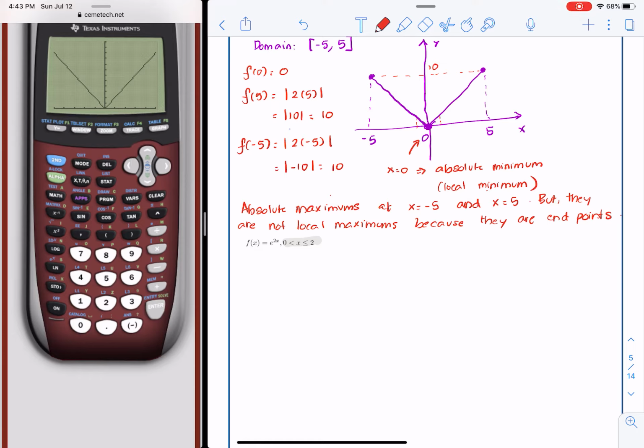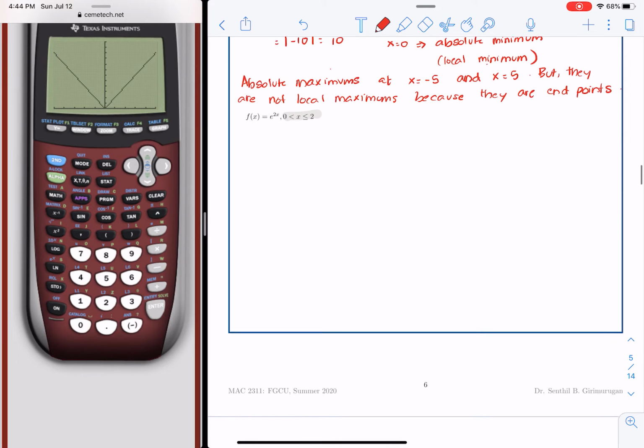Keep in mind, if we have to find the local maximum or minimum, we need to have an interval about a point. So at 5, I can only form a one-sided interval here on the left. And at -5, I can only form a one-sided interval to the right, because the function ends at -5 and at 5.